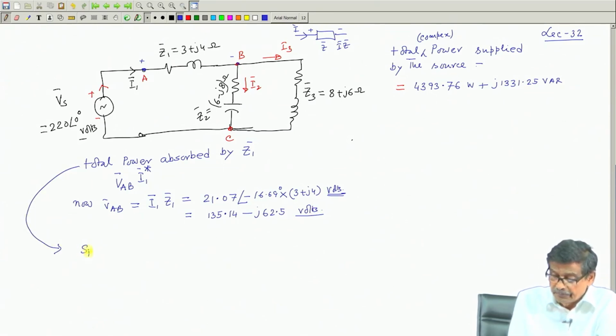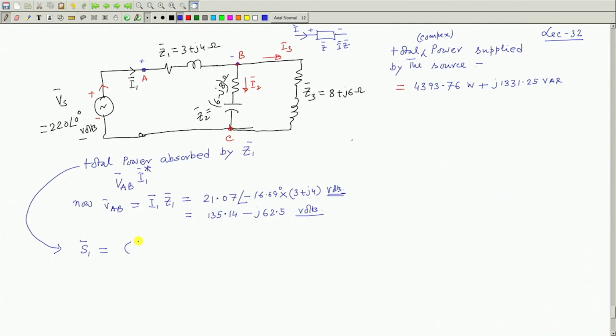Complex power absorbed by the load is S 1 bar. It is this voltage, 135.14 minus j 62.5, into I 1 star, the current absorbed.